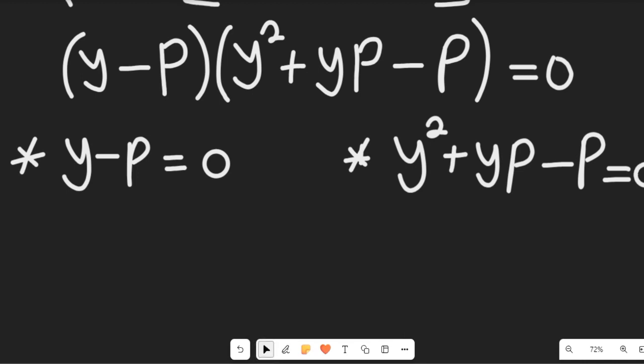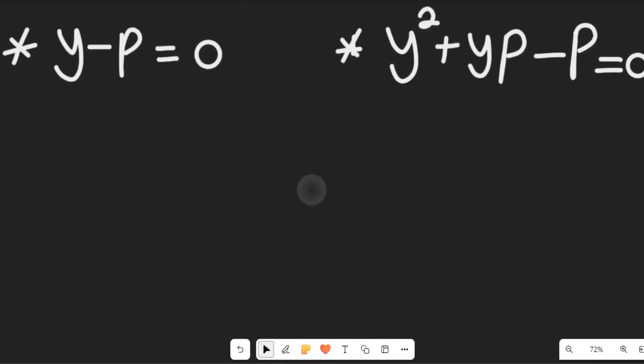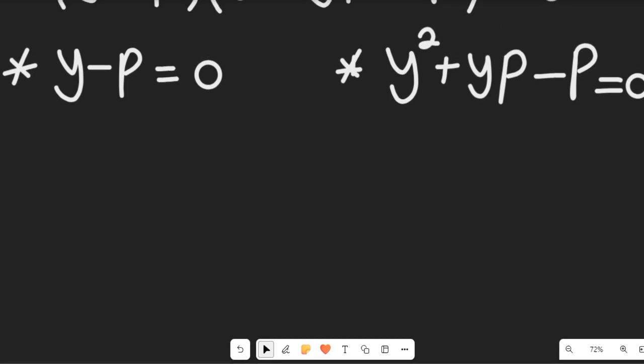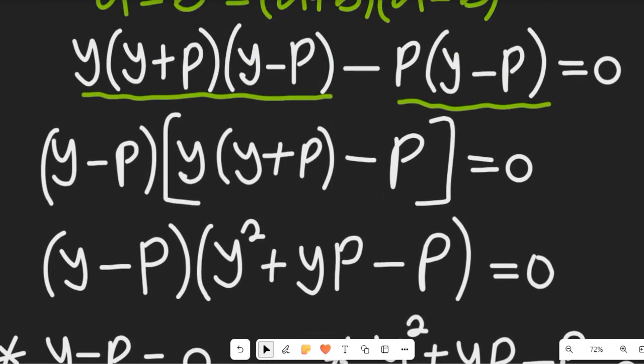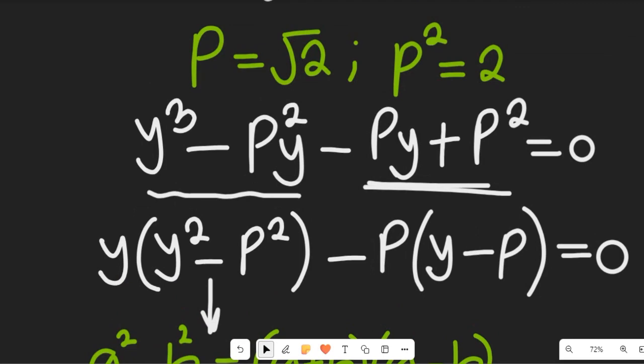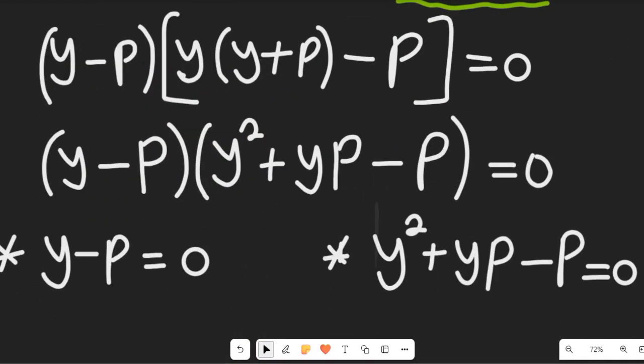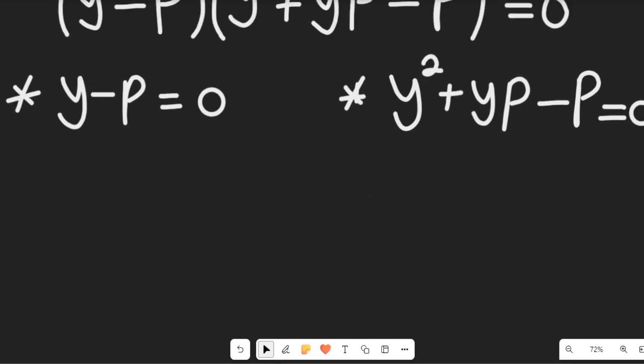So we can find the solution to the first case. From the first case, I want us to recall one thing: the value of our p, we said earlier, is equal to square root of 2, and the value of p squared is equal to 2. So from that expression, we have the value of our p.